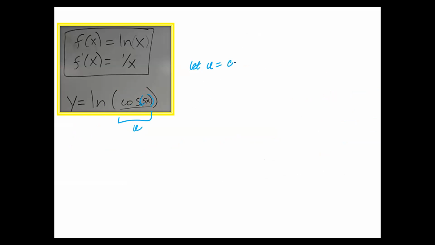Then u prime: the derivative of cosine is negative sine, so negative sine 5x times the other chain, the derivative of 5x, which is 5. You always want to simplify everything before you plug it back into the original equation, because it makes everything complicated if it's not simplified. So u prime is negative 5 sine 5x.